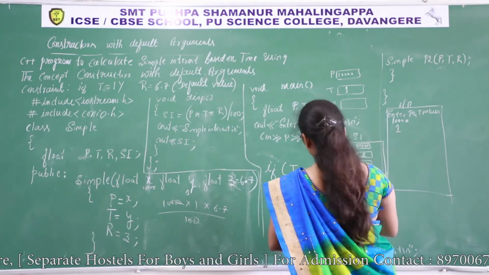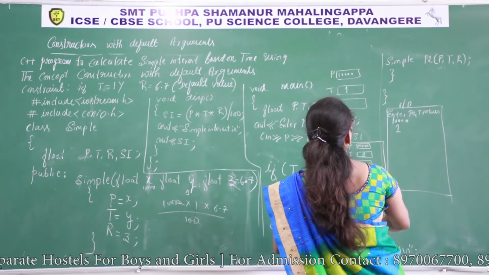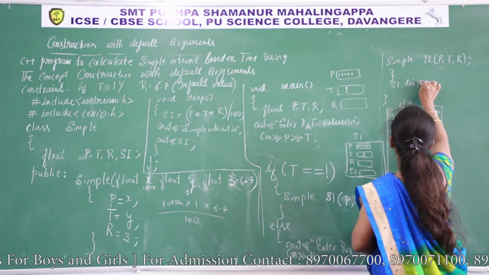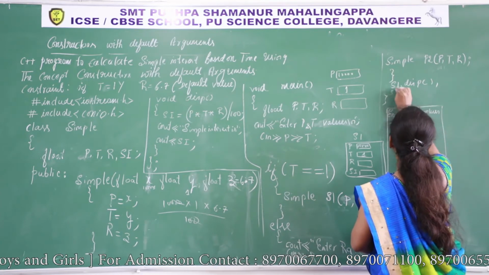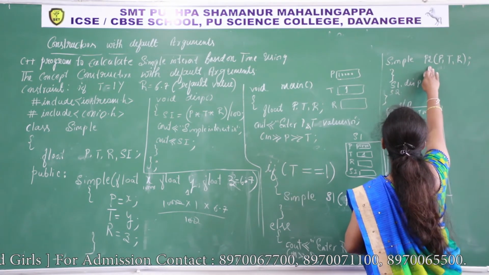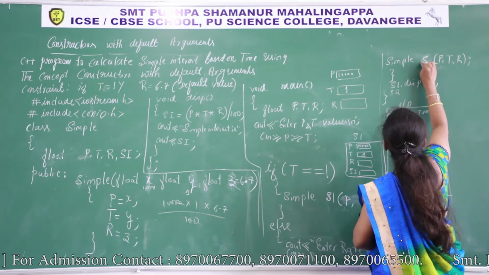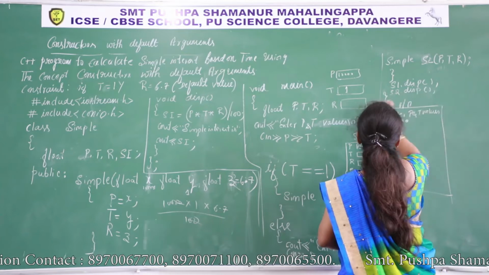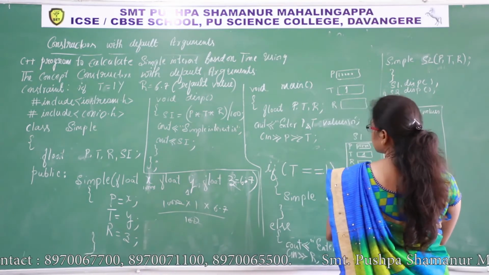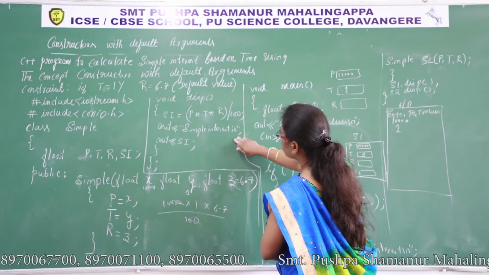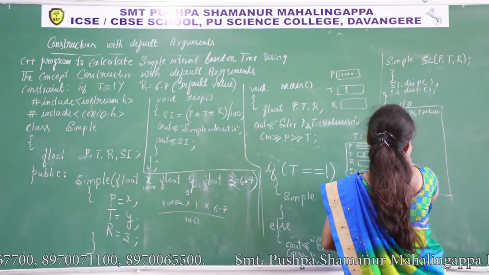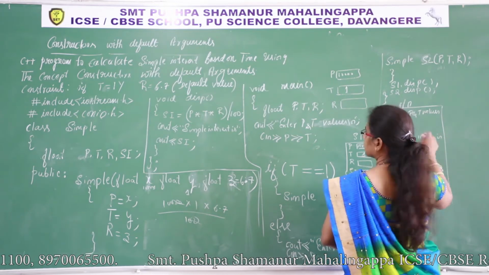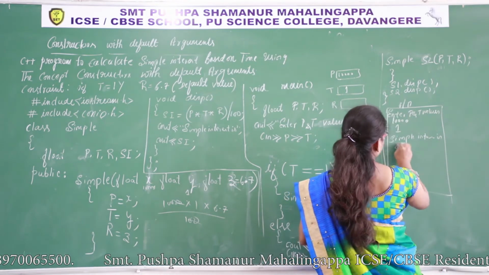So then after that we have to call, after this I have to call S1 dot disp and S2 dot disp, so here the objects are, I'll take S2 here, S2 dot disp, then main function close. So the S1 dot disp function calculates and displays the result. Simple interest is 670.